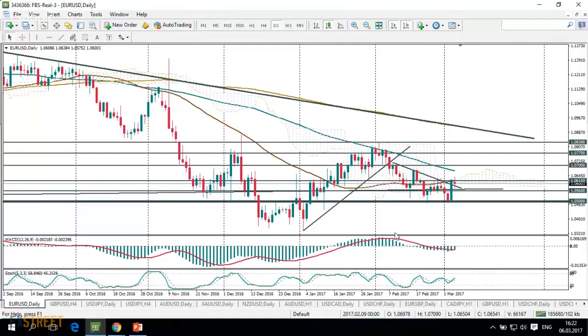But note that recent data from the euro area were rather good. There was a decline in unemployment, there was an increase in confidence, and Draghi is surely under pressure to explain further actions of the European Central Bank.